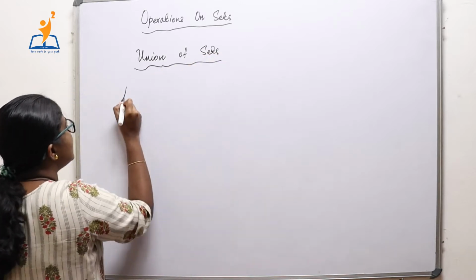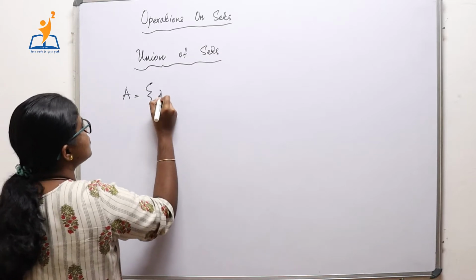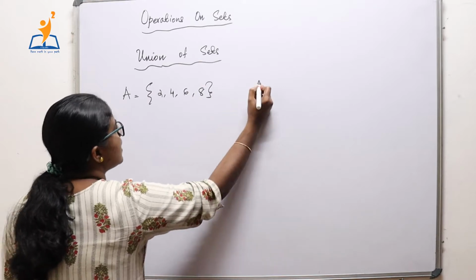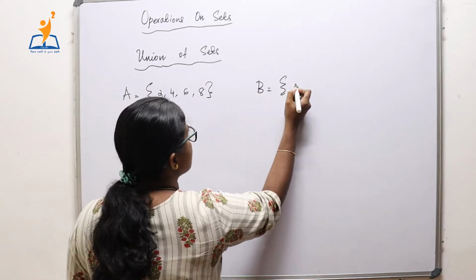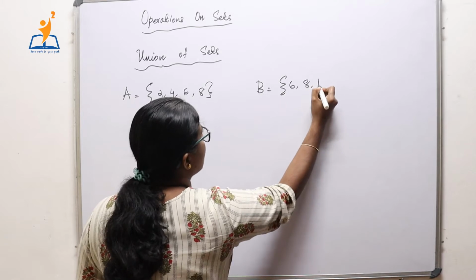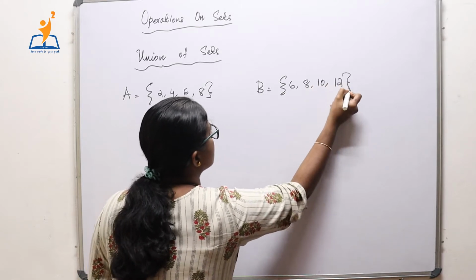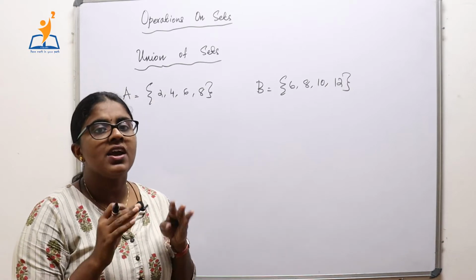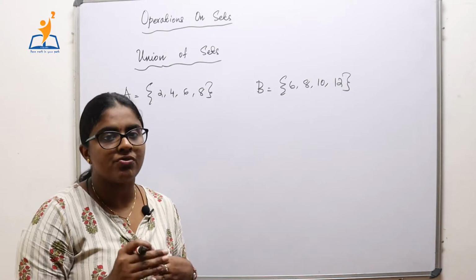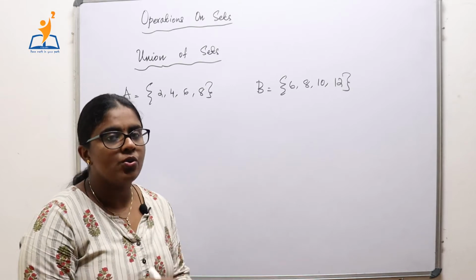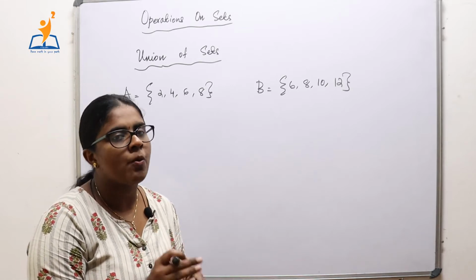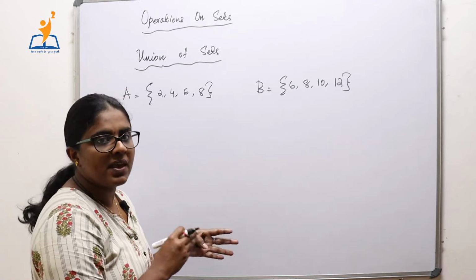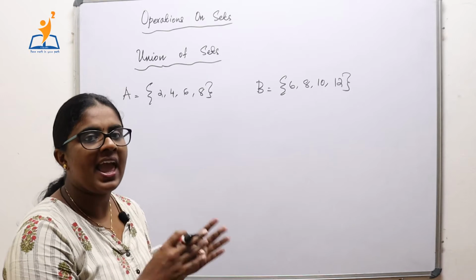For example, let A be the set 2, 4, 6, 8 and B be the set 6, 8, 10, 12. Now we have two sets here and we are going to take the union of these sets, that is a new operation. Union is a new operation for sets. So we are going to take A union B, that is union of the sets A and B.